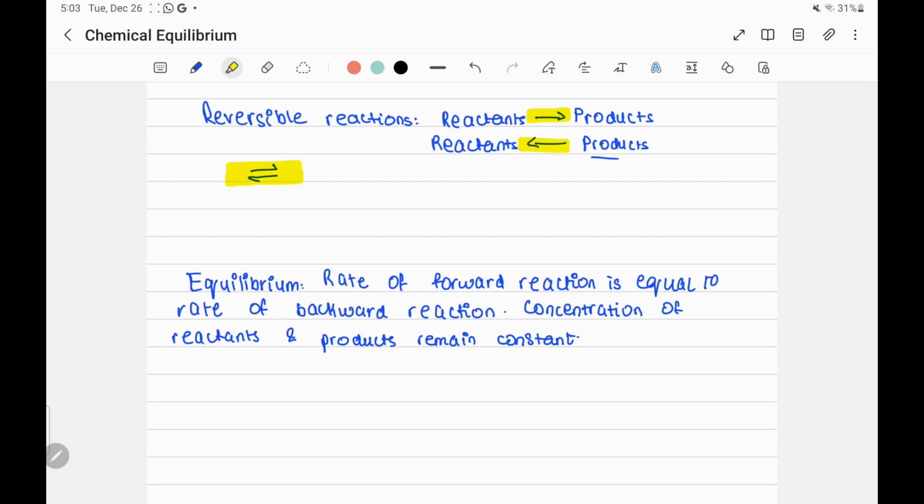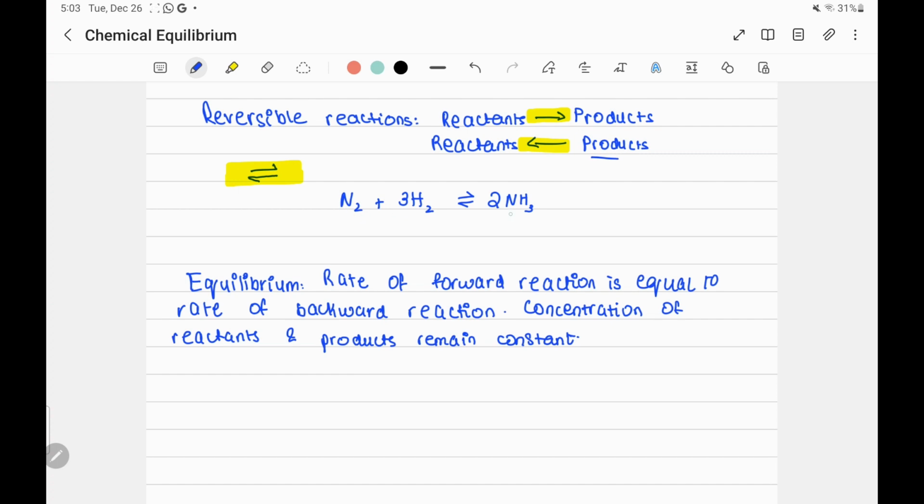An example of a reversible reaction would be the formation of ammonia. The forward reaction is from the reactants to product, which is nitrogen plus hydrogen giving ammonia.